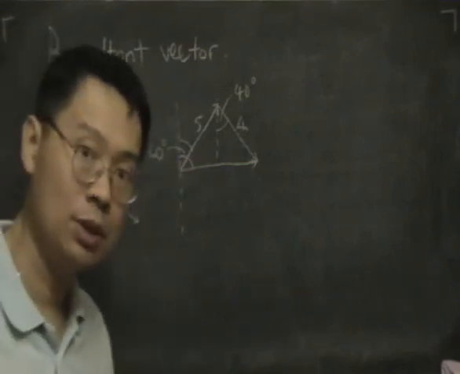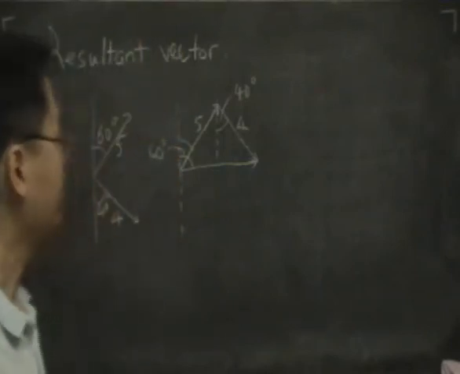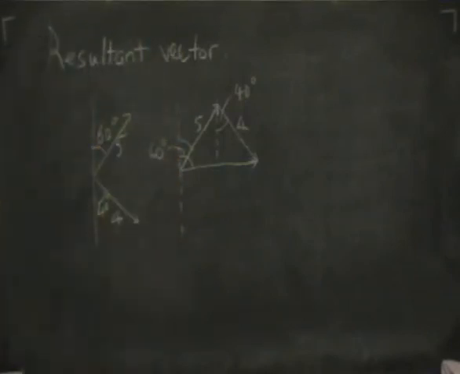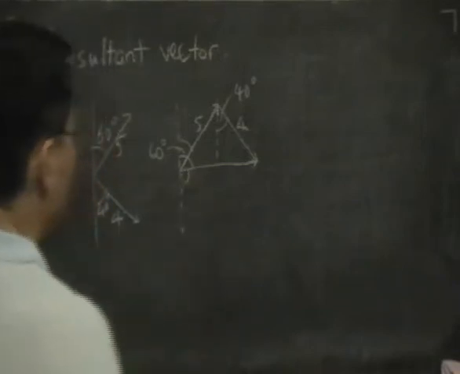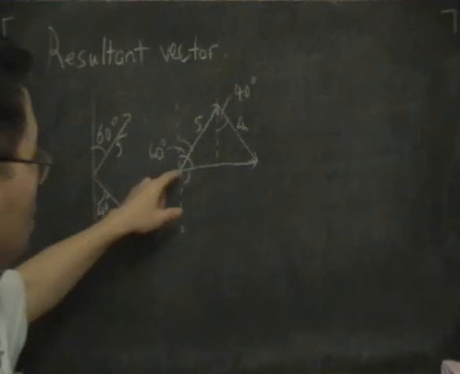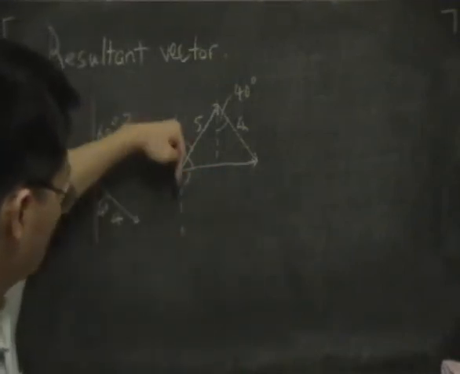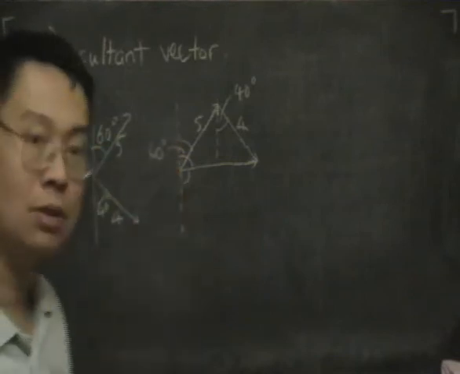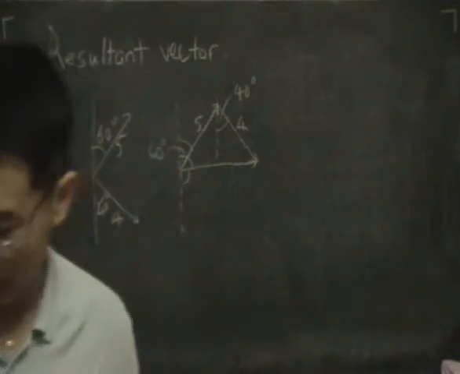It's so many degrees to the vertical direction, or to the upward direction. Or I can also measure that angle if you like, and say that the resultant vector is so many degrees to the downward vertical direction. So that's doing it by drawing.